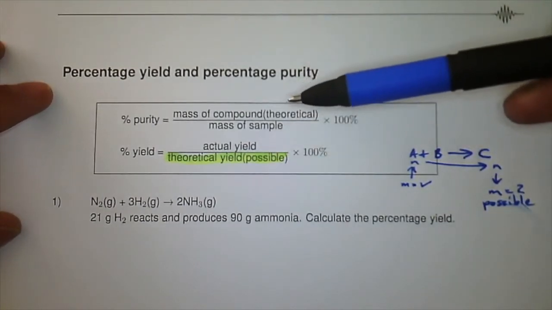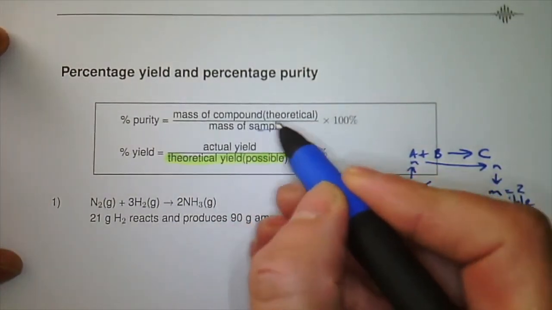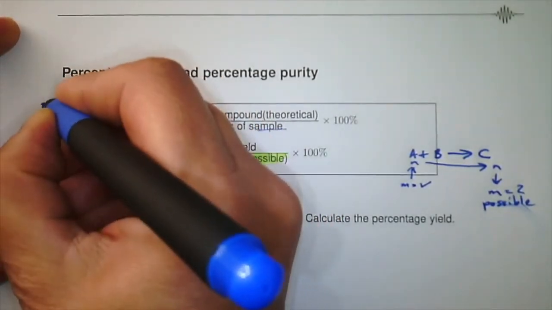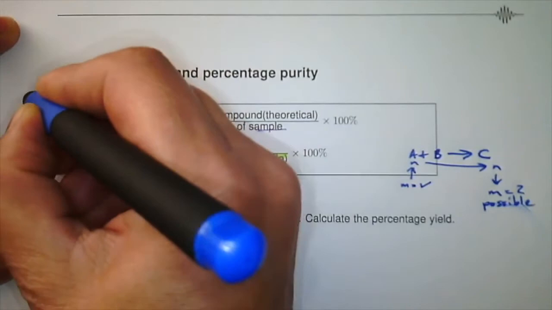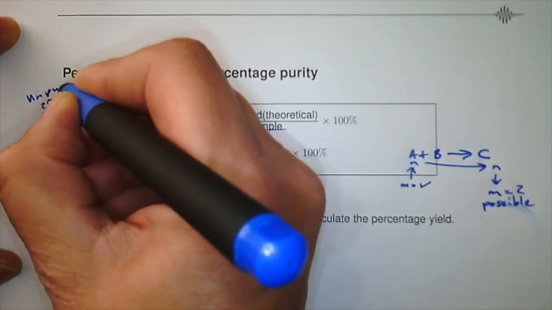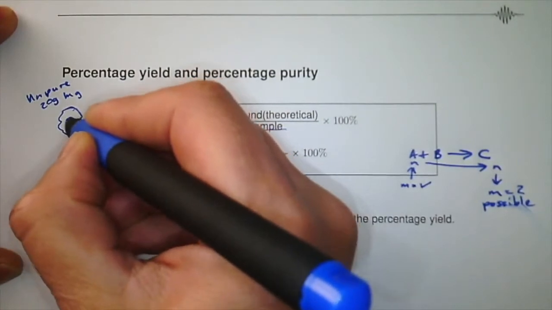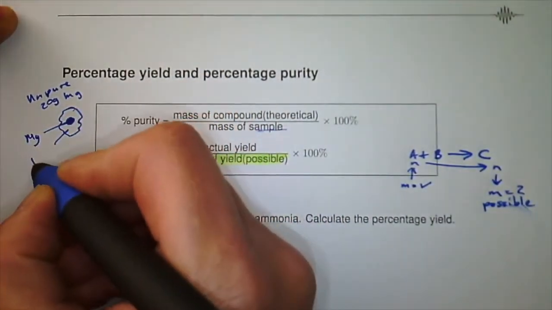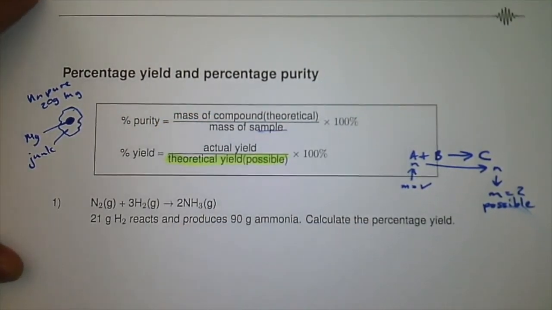Then percentage purity, you are given a sample of something, say for instance they tell you you've got a 20-gram sample of magnesium, but they tell you that it is impure. Now if it's impure, it means some of that is magnesium, but some of that is, let's say, junk, not necessarily junk, but something that reacts differently.